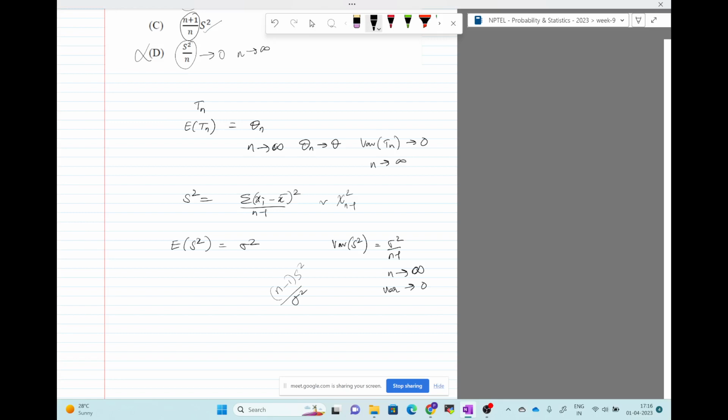This follows the chi-square distribution, n minus 1 into s square by sigma square. Correct, correct. This follows chi-square distribution, right? Yes.